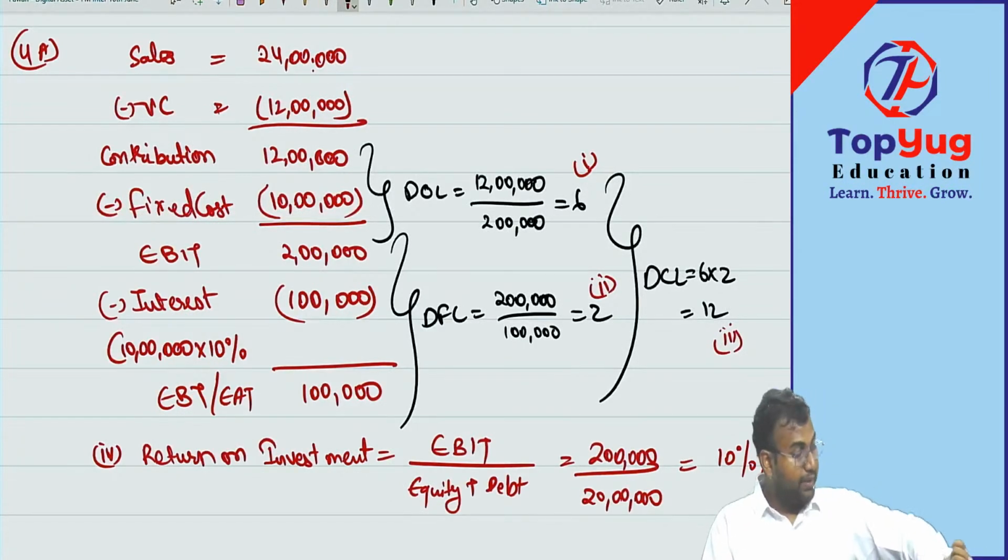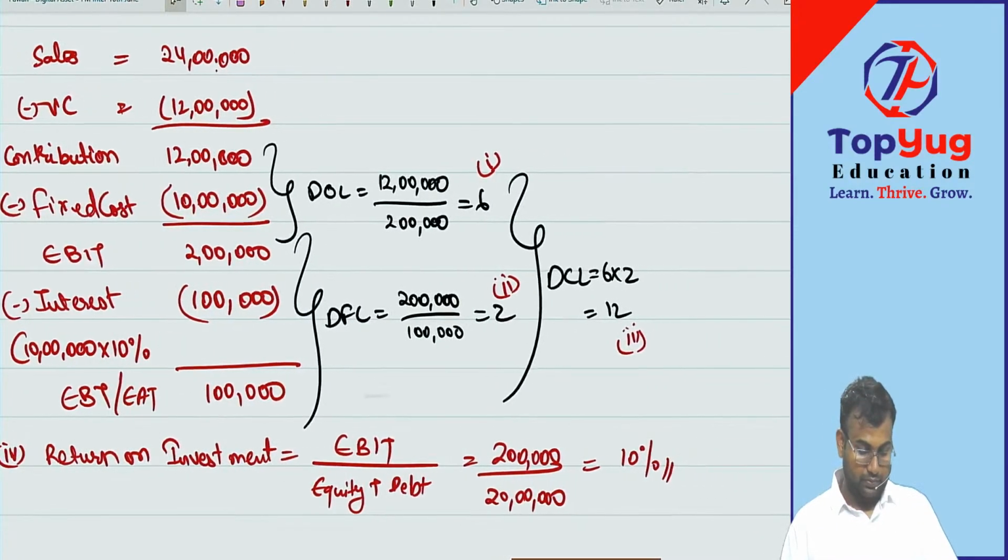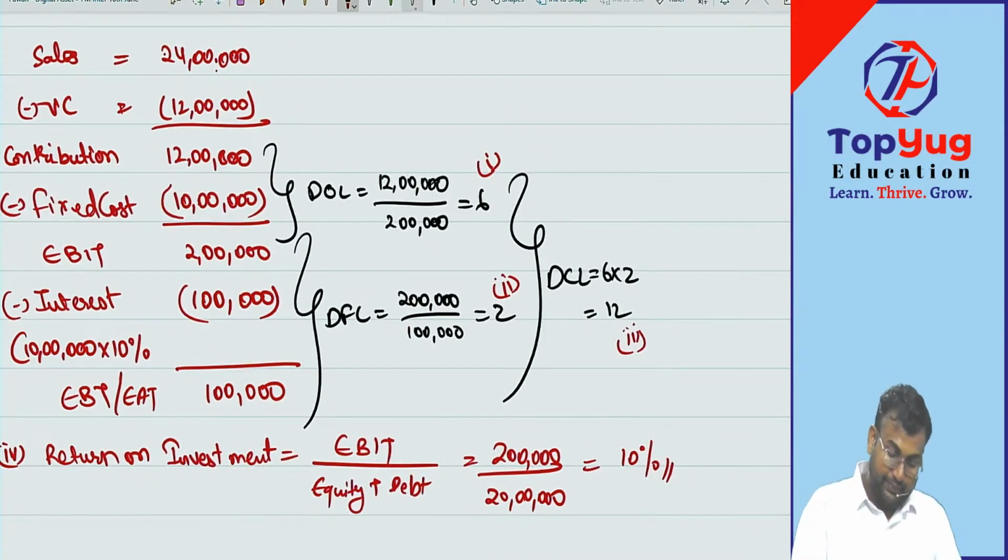If the sales increase by 6 lakhs, what will be the new EBIT? What does he say?